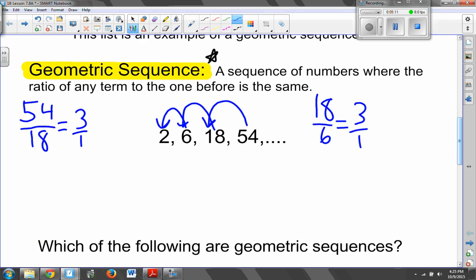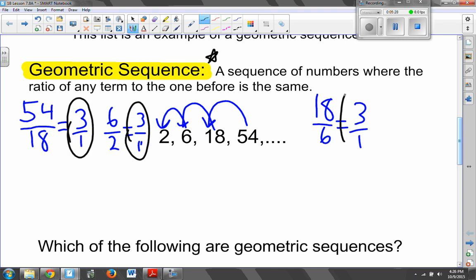So if I have 6 over 2, that also equals 3, or 3 over 1. Okay, so what I want you to notice is every time I looked at a term and the number before it, and I divided them, I got 3, 3, and 3.